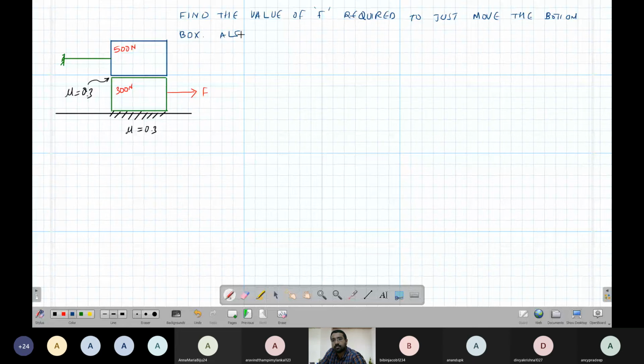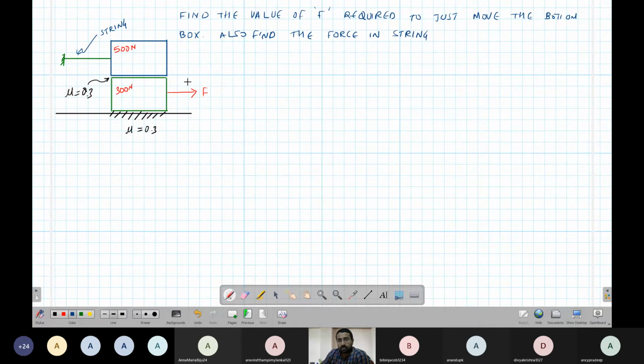Also find the force in the string. Okay, so this is a string. This is a string. It is attached and fixed.